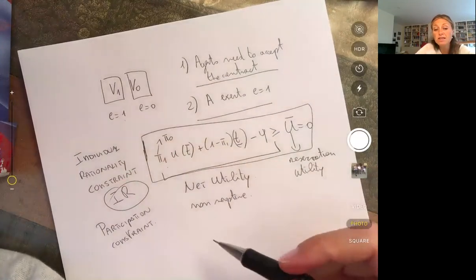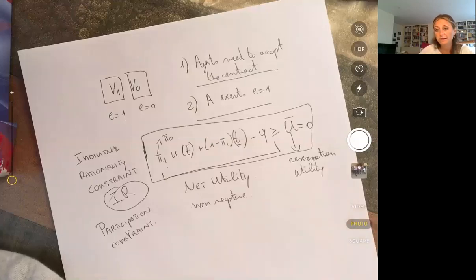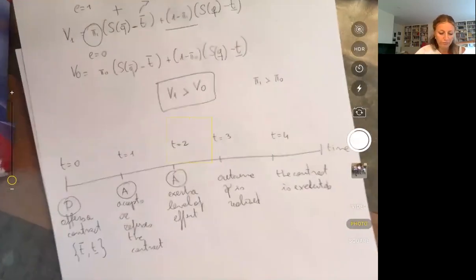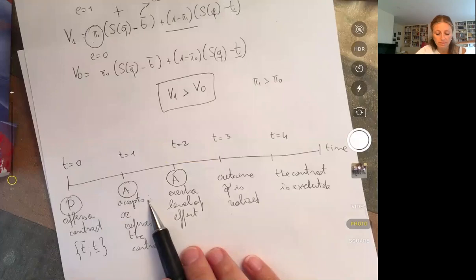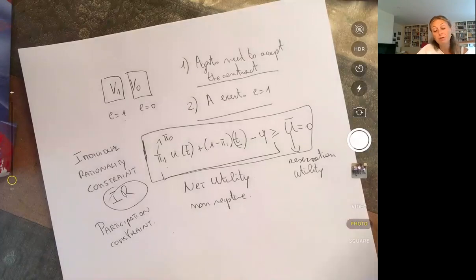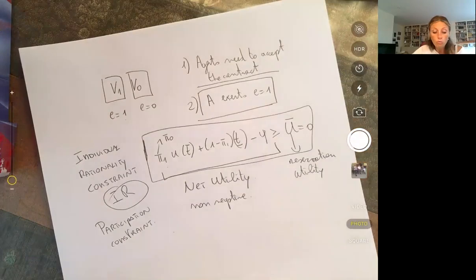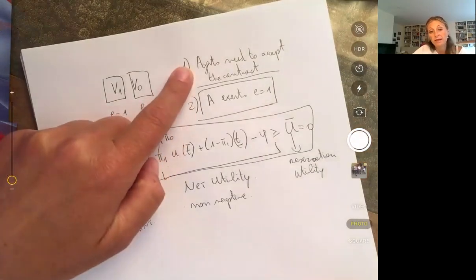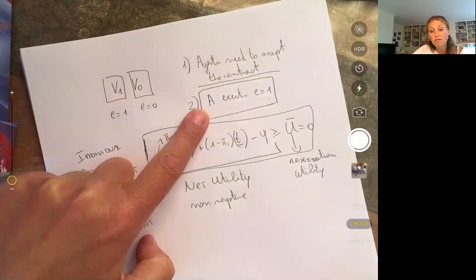And it ensures that the agent, as we saw in the timeline previously, is going to accept the contract. The other element that the principal needs to satisfy is that once he knows that the contract has been accepted, the agent will exert the highest level of effort.